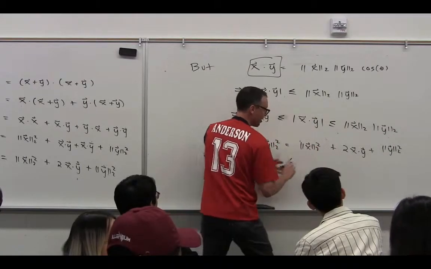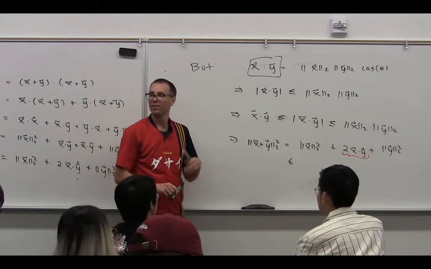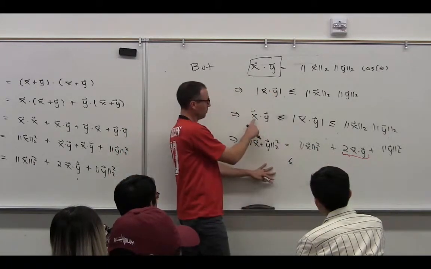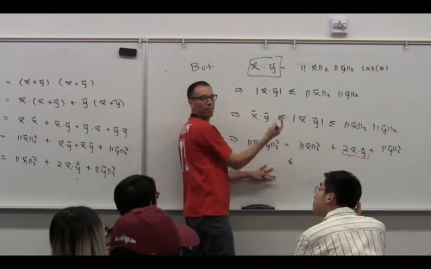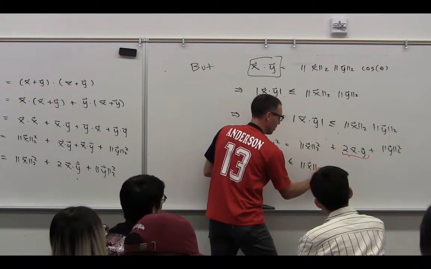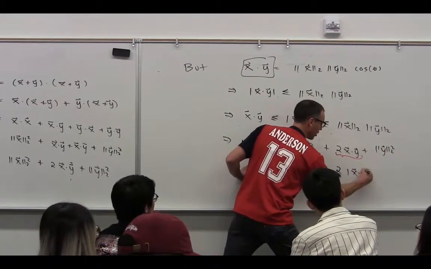But is there any way that you can bound this above by something? Well, what do you know about x dot y? X inner product y, what's it bounded above by? Absolute value. So now this is absolute value of x inner product y.